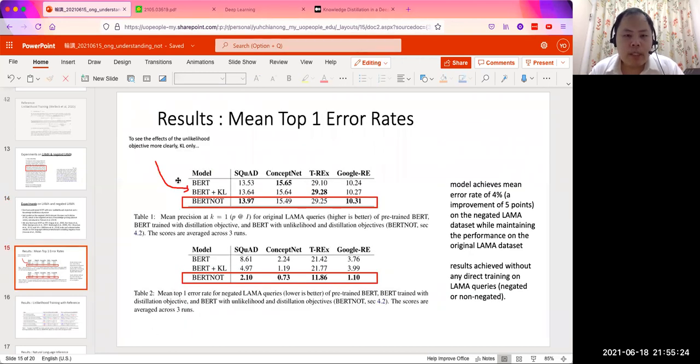Now over here, we see two tables. The top table is the experiment being run on LAMA, and the bottom table is the experiment results after being run on negated LAMA. So if we look at the top table, what is interesting to note is that BERT naught, which is the result of this particular paper, actually has relatively similar results.